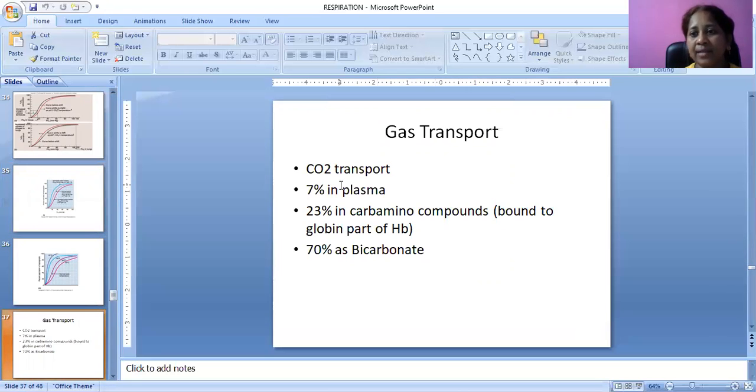Carbon dioxide transport. Oxygen is transported by RBCs and plasma.